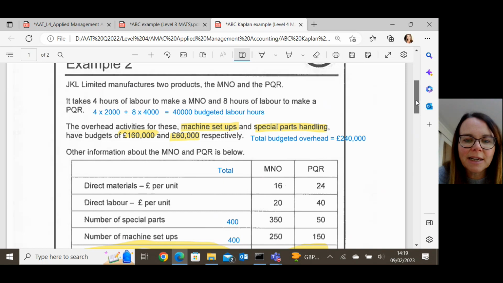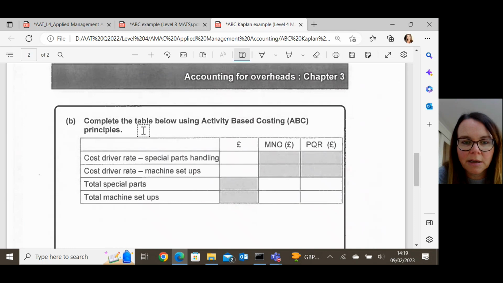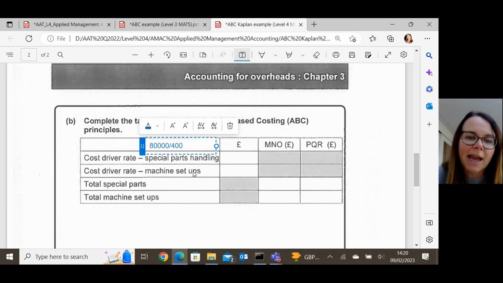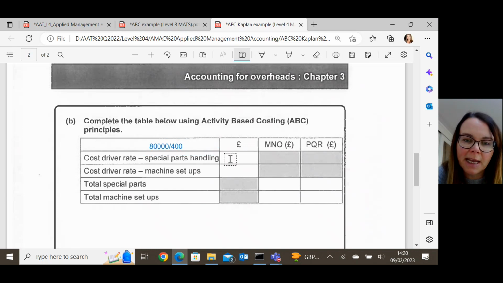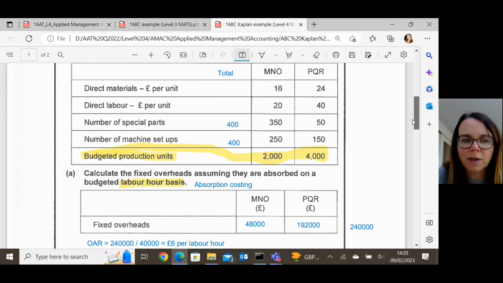So I'm going to do £80,000 divided by 400 to work out my overhead absorption rate specific for this cost pool and cost driver. £80,000 divided by 400 gives me £200 per special part handled, per number of special parts.